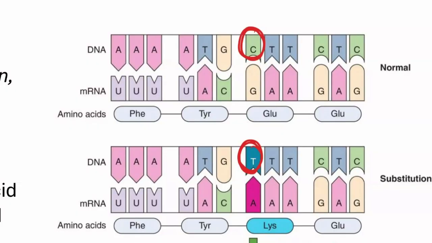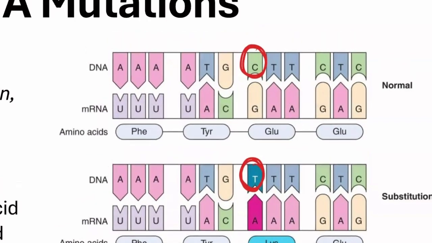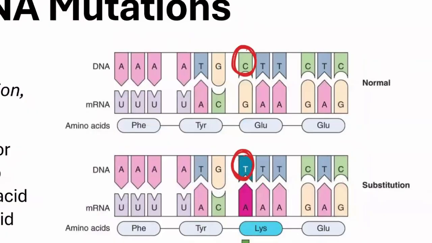Even though it's not illustrated here, let's say that the mutation was instead in the third nucleotide, and it was changed to a C. So I'm just going to write my other mutation.